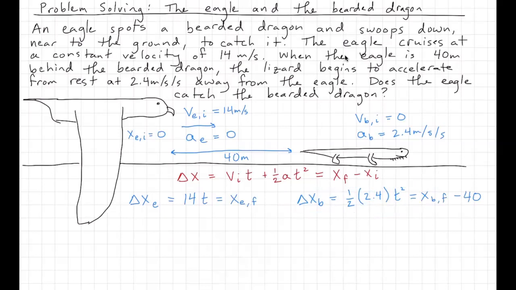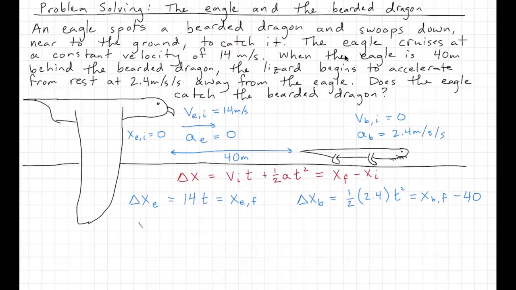Okay, so now really what I'm doing is I'm trying to get this final position the same as this final position. If there's a time when those two things can be equal, that means that's the time when the eagle will have caught the bearded dragon. So let's try to do that. I want to set those positions equal to each other.